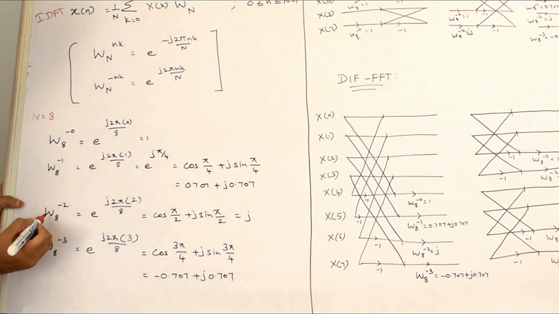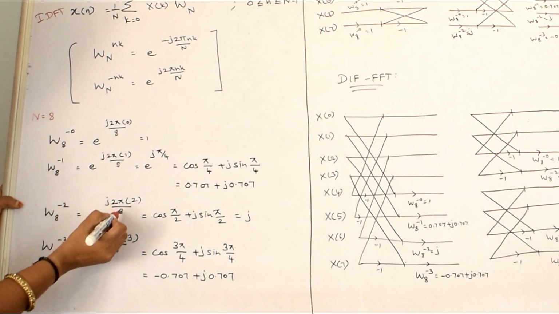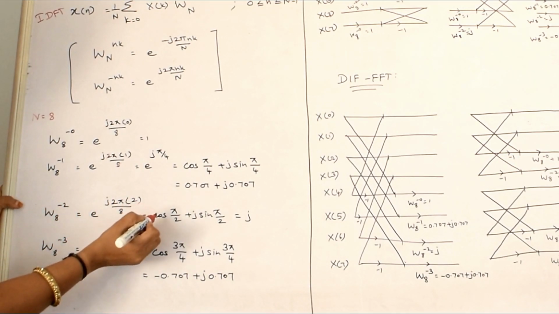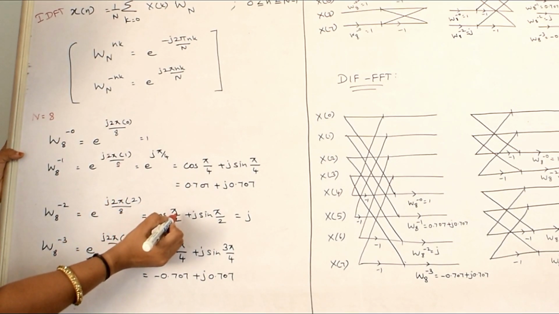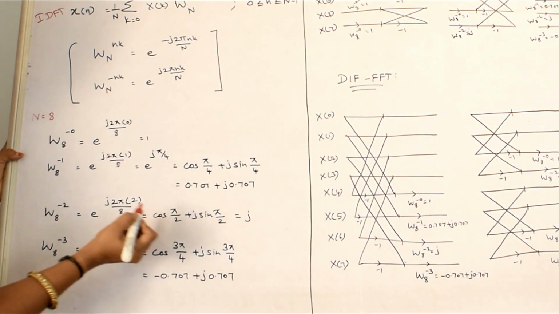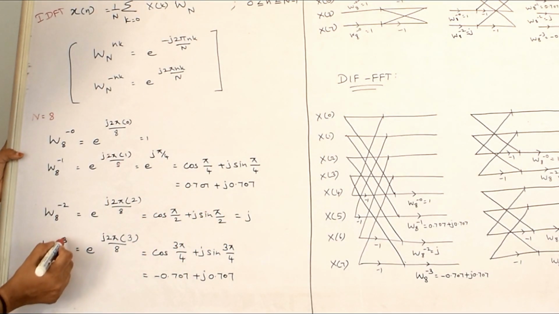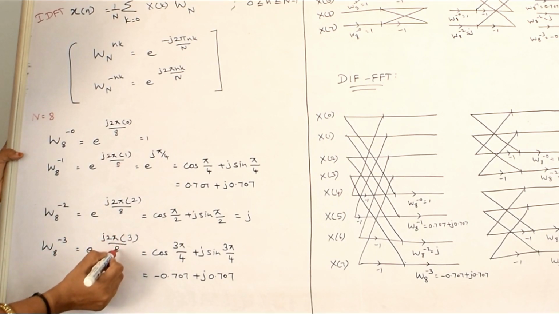Next one, W8 power minus 2 is e power j 2 pi divided by 8 into 2. If you simplify you will get e power j pi by 2. So cos pi by 2 plus j sin pi by 2 gives you plus j. Next one, W8 power minus 3, which is equal to e power j 2 pi into 3 divided by 8.